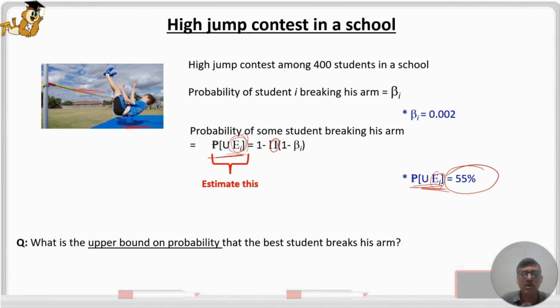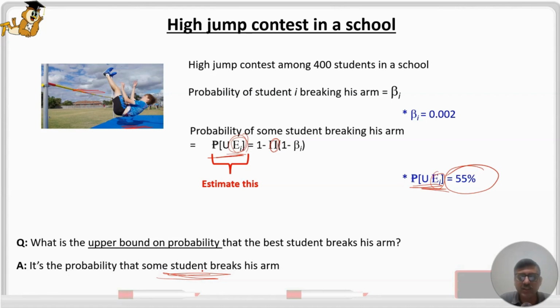What is the upper bound on the probability that the best student breaks his arm? It is simply the probability that some student breaks his arm, right? Because the upper bound would pertain to the situation that at least one student breaks his arm, and it so happens that that student was the one who jumped the highest, right? So the upper bound on the probability that the best student breaks his arm is actually 55%.